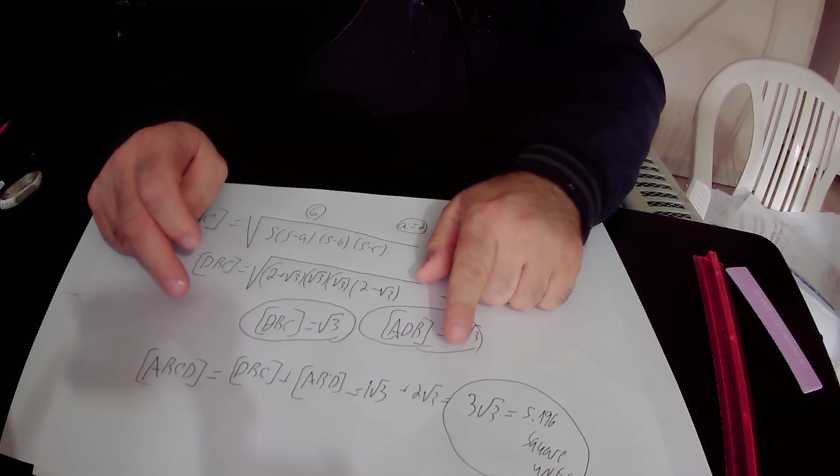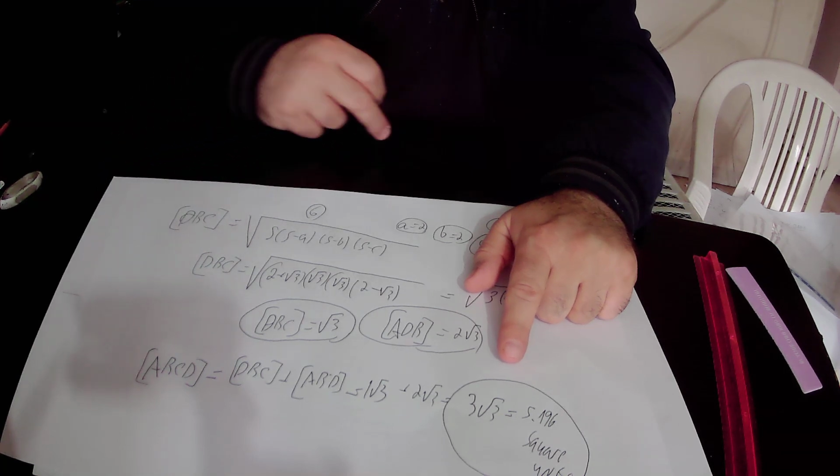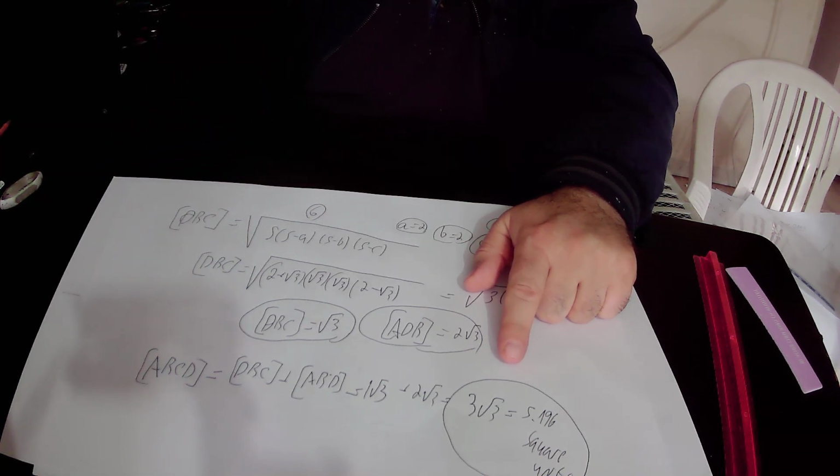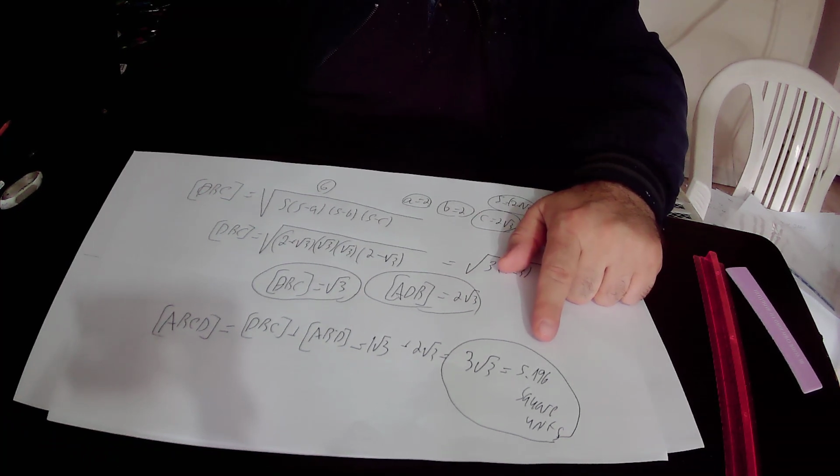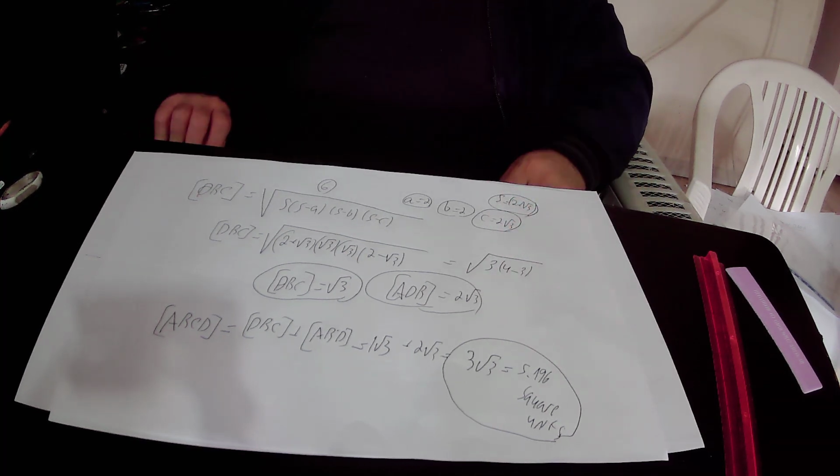That is to say, the area of quadrilateral ABCD equals 3 times the square root of 3. In terms of numbers, it equals 5.196 square units. So in both methods we found that the area of quadrilateral ABCD equals 3 times the square root of 3, or in terms of numbers, 5.196 square units. Okay, thank you very much.